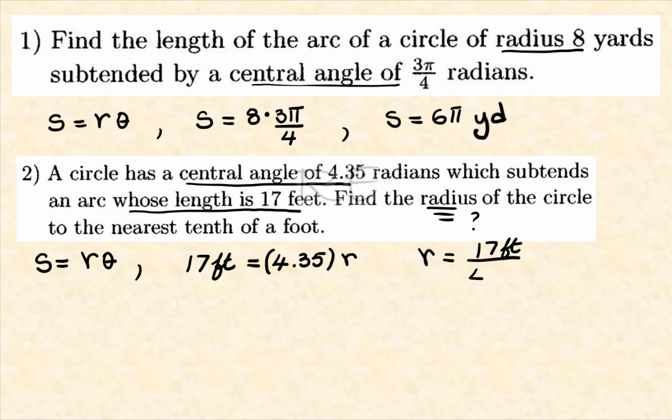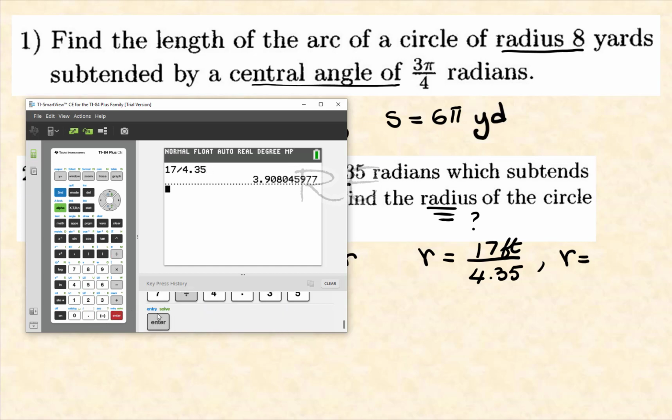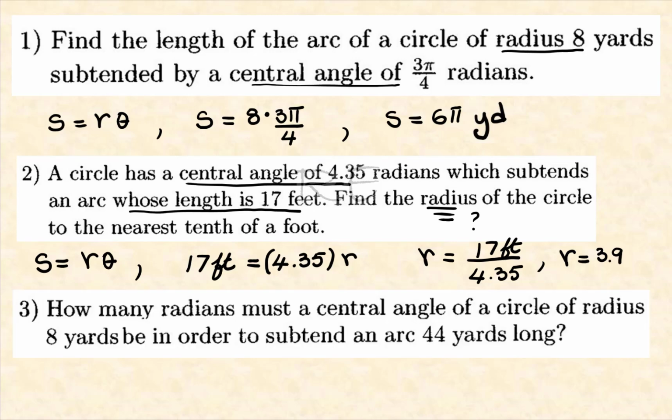We divide both sides by 4.35 and we'll just do it with a calculator and round it to the nearest tenth foot. 17 divided by 4.35 is 3.908, so it's 3.9 approximately.